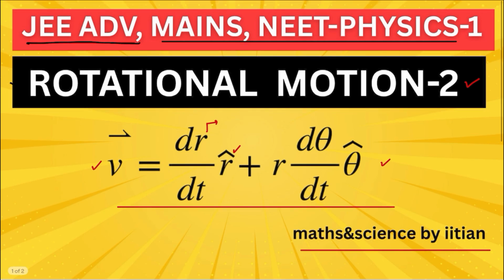and d theta by dt, dr by dt is linear velocity and d theta by dt is angular velocity.